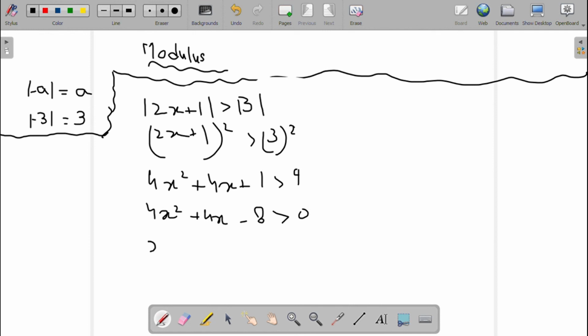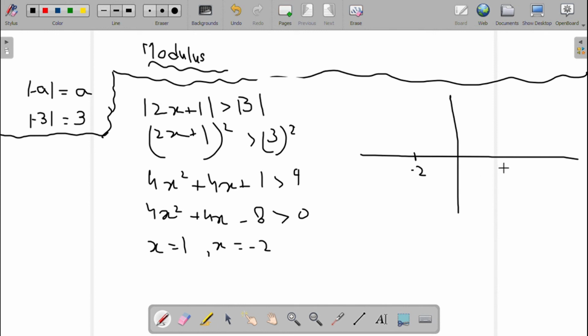One root we have is x equals 1, the other is x equals minus 2. So sketch the graph to check the validity of the roots. Negative 2 we have here, and obviously the positive one we will have on this side.